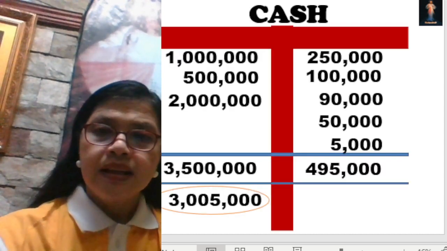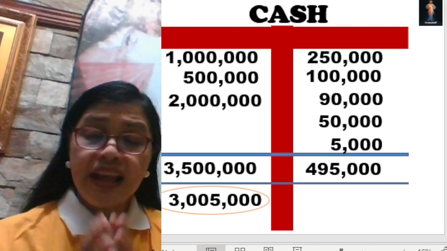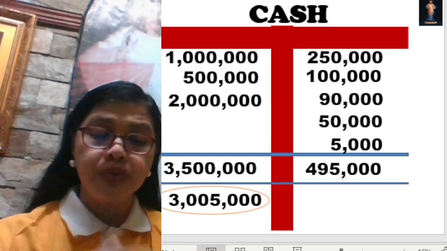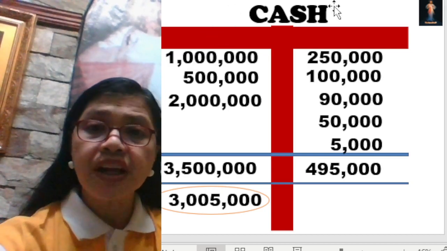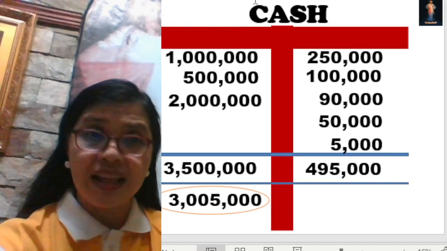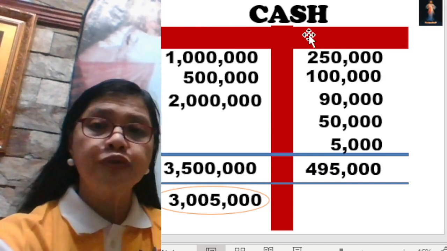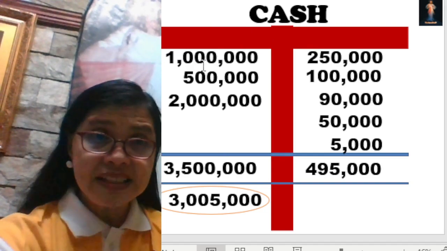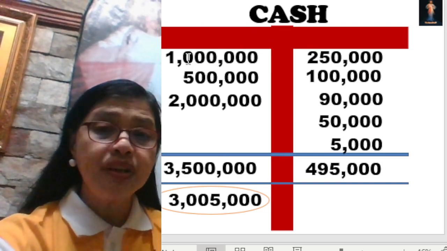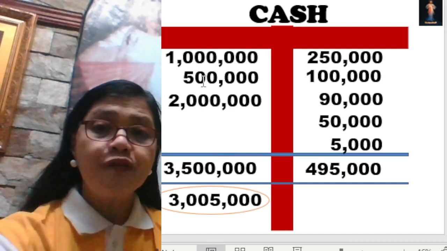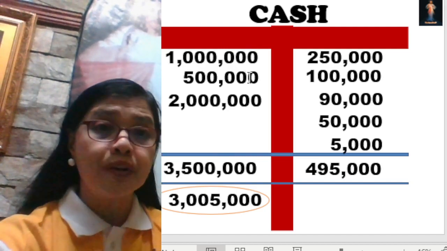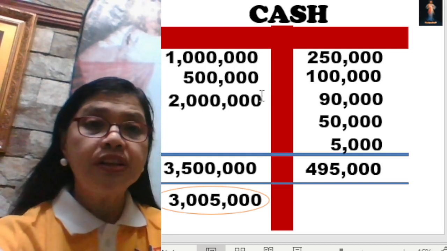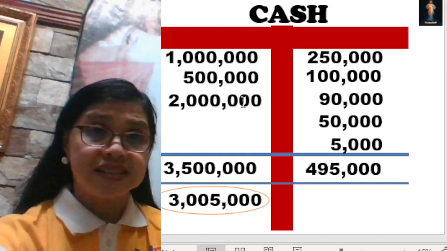Okay. So the T accounts, each account has a ledger or a T account. We will call this the ledger of cash. Okay, the cash ledger or the T account for cash. We will now put all debit entries. Okay, the 1 million. Remember, this is the investment. The 500,000. This is coming from the money that you borrowed from the bank, and 2 million, I think this is the sales.